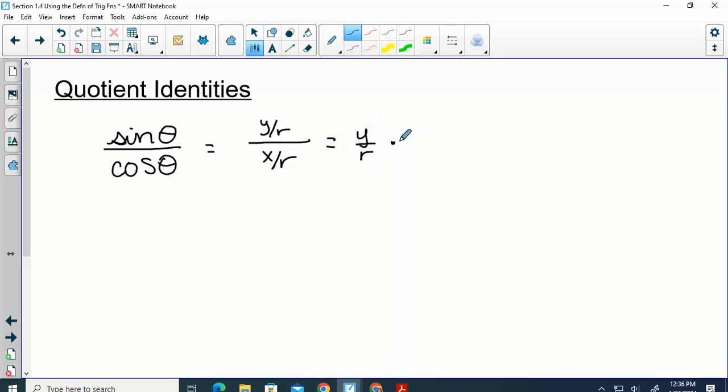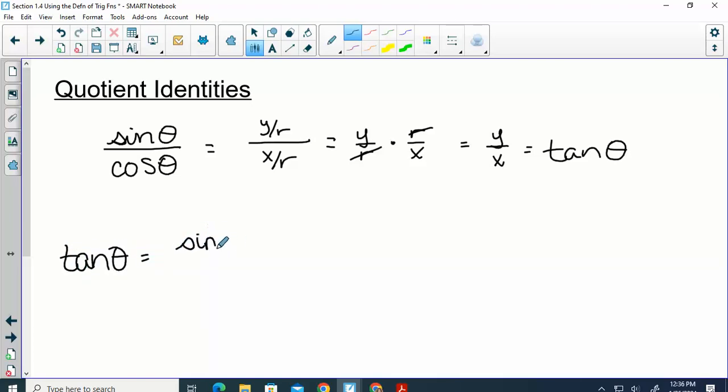Flip and multiply. So those r's cancel. So we get y over x, which is tangent. So the quotient, we know tangent can also be found by doing sine divided by cosine.